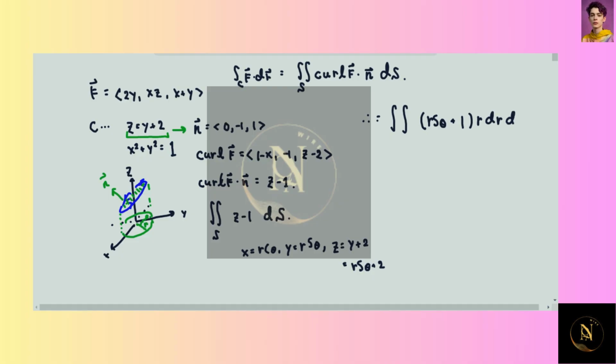The radius, as I mentioned, changes from 0 to 1. The angle theta changes from 0 to 2 pi. The rest is a very straightforward calculation, so I'll let you do that, but this will simplify to pi. And this is how you solve these kinds of problems.